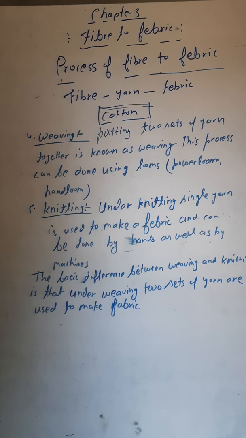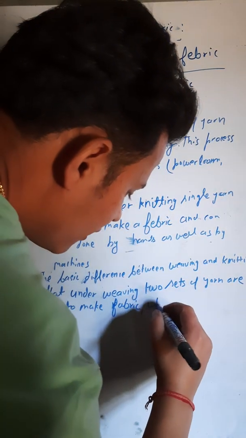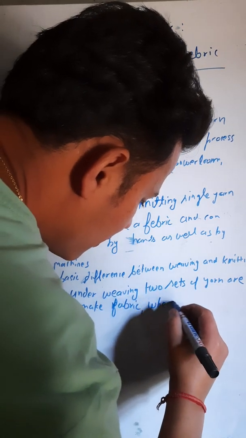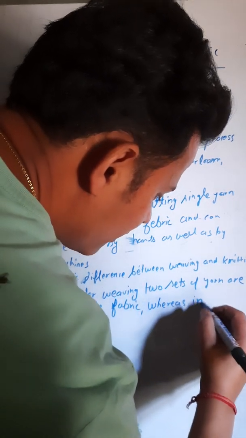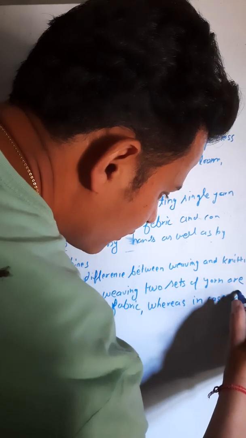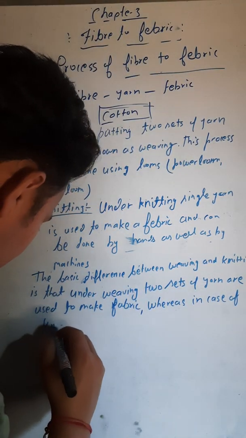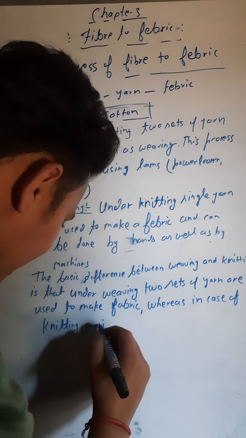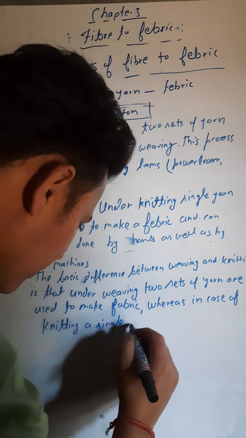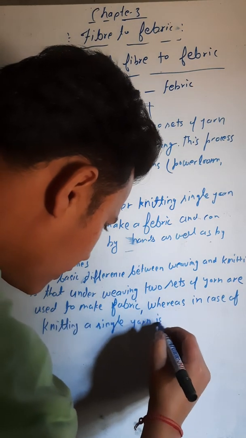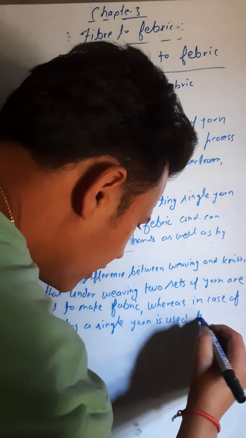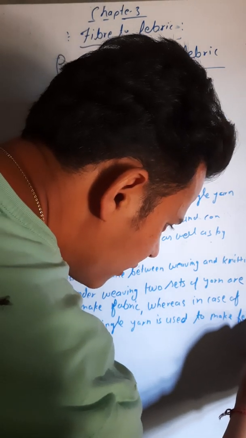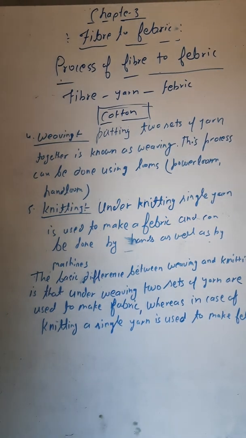So you can write this also: whereas in case of knitting, a single yarn is used to make fabric. So this is the basic difference between knitting and weaving.